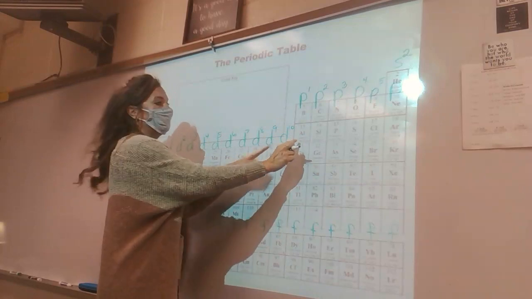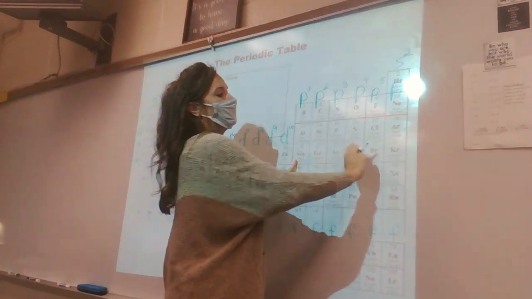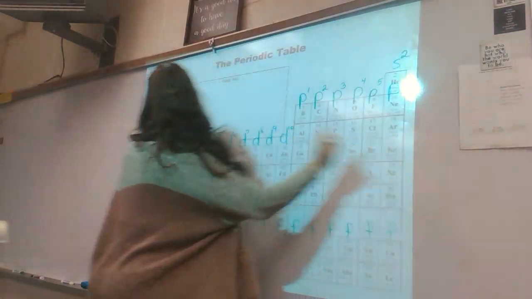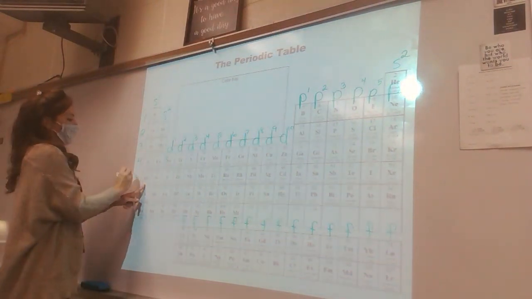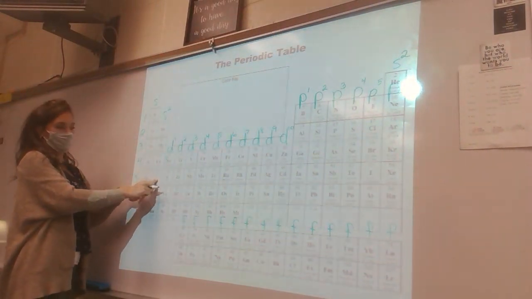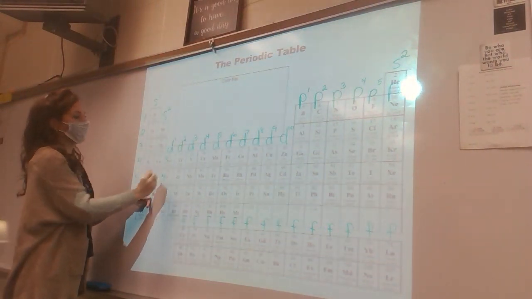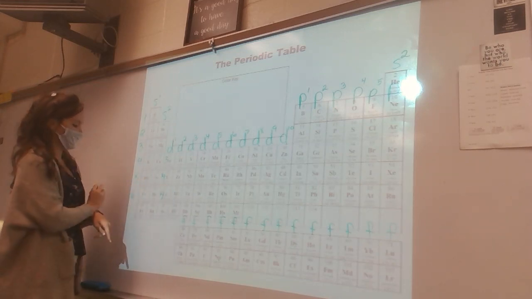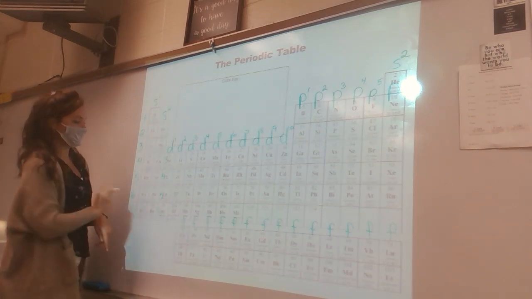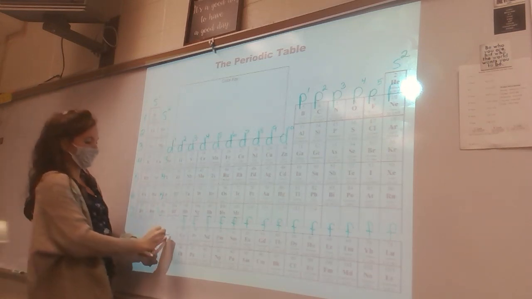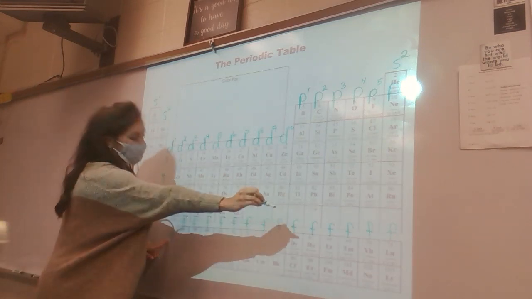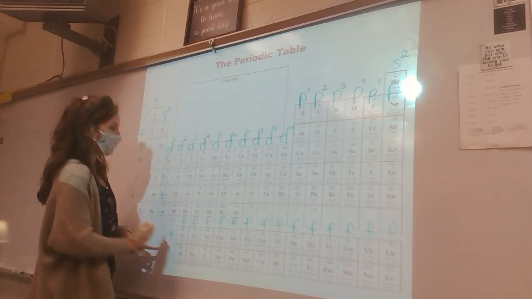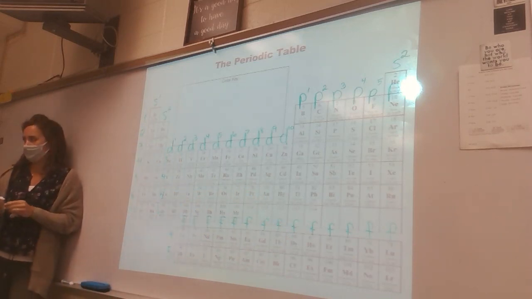And then we're still 4p, 1, 2, 3, 4, 5, 6. 5s, 1, 2. 4d. This is 5d, 6d. F is 4f, 1 to 14. And 5f, 1 to 14.